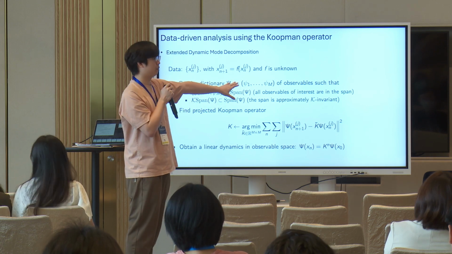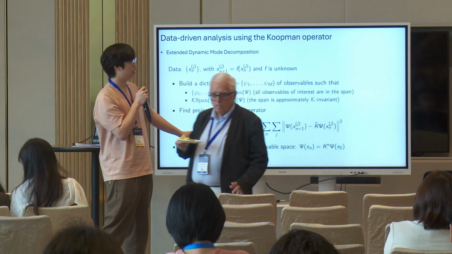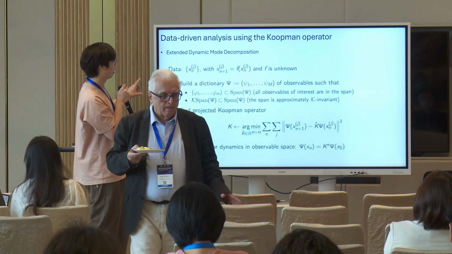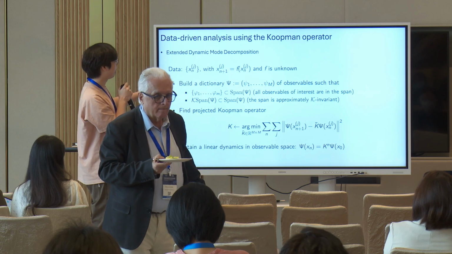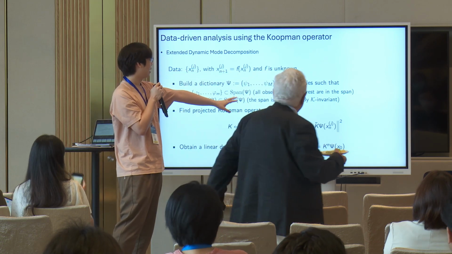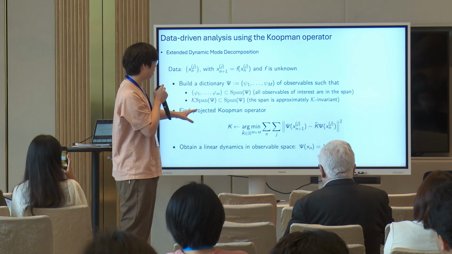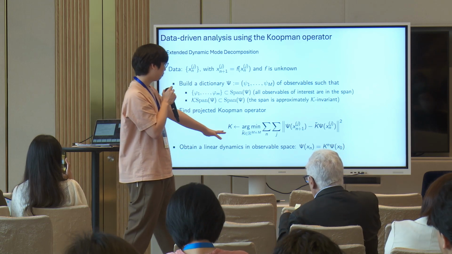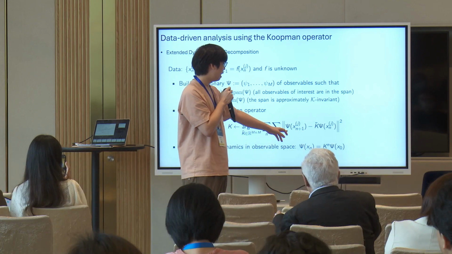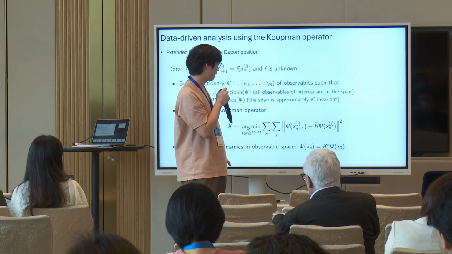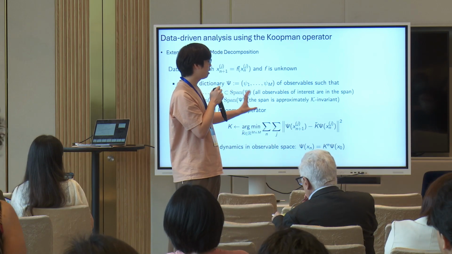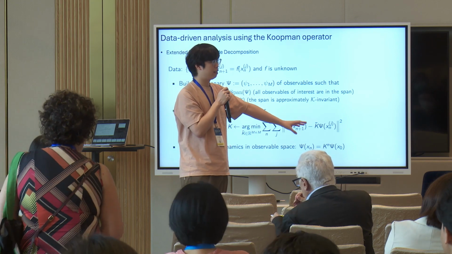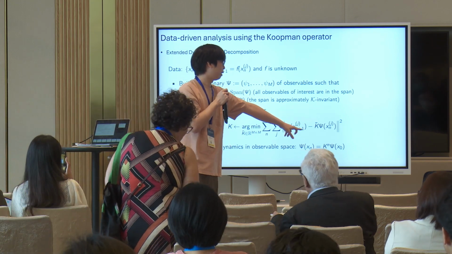Using this nonlinear dictionary, we first map the BMI itself to a higher-dimensional vector space. In this higher-dimensional space, span psi, there is linear dynamics. So if we consider psi(x_{n+1}), it has a linear relationship with psi(x_n), which is modeled by the Koopman operator K here.